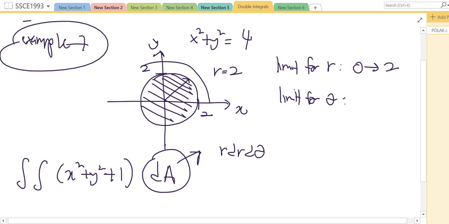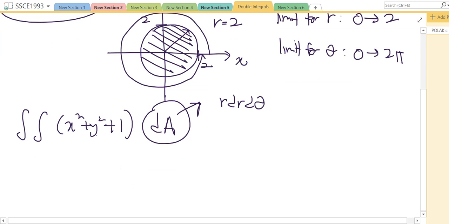The shaded region is the whole circle, right? So the limit for theta is from 0 up to 2 pi because we cover all quadrants. So we know the limit for r and the limit for theta already.